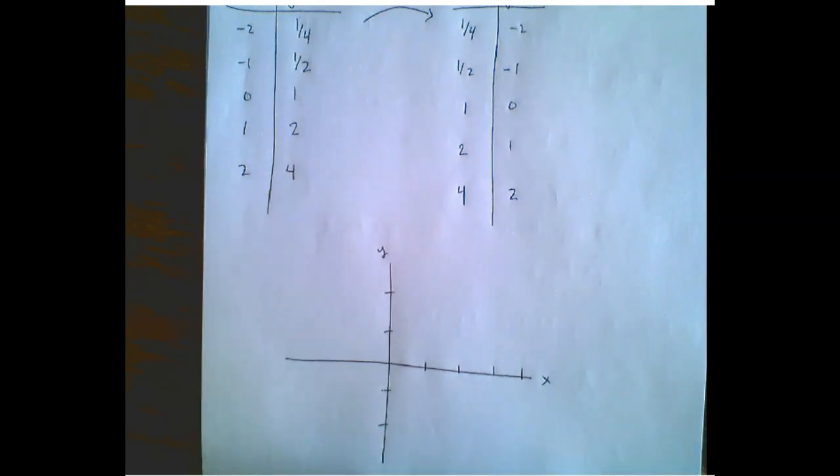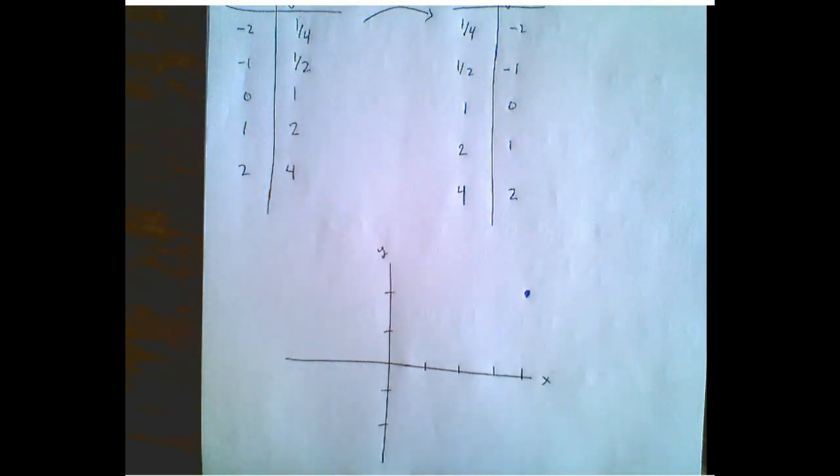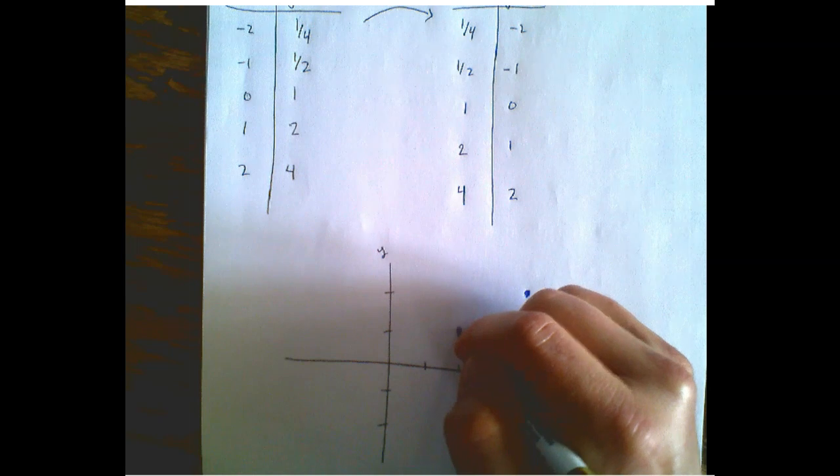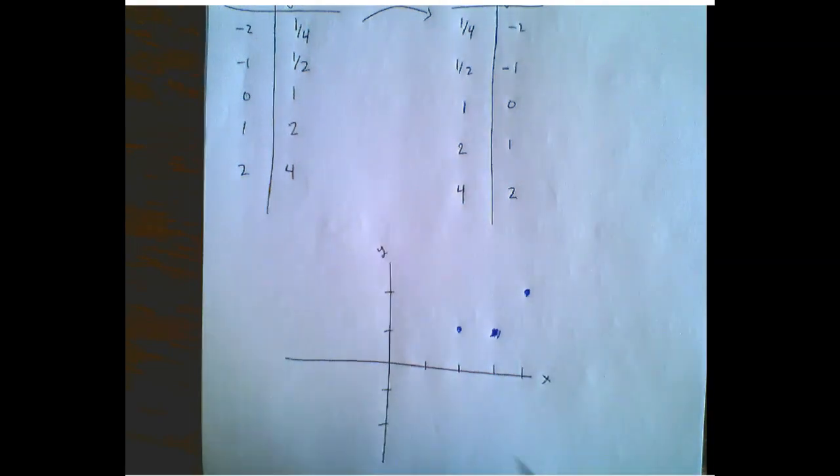So let's plot some easy ones first. So 4, 2, we have a point 4, 2. It's right there. 2, 1. And 1, 0.